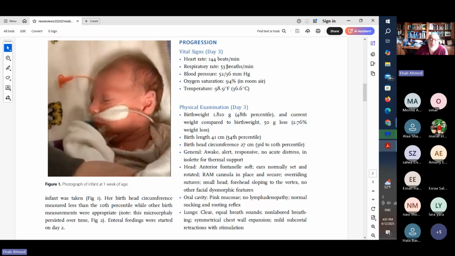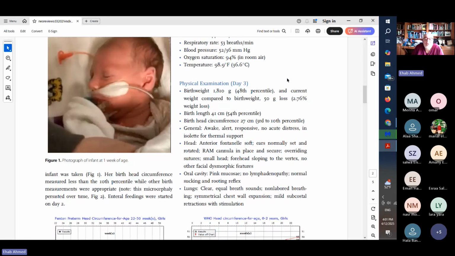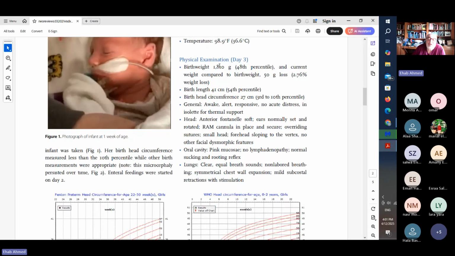Heart rate was 144, respiratory rate 53, oxygen saturation 94%. Now she is in room air and saturating 94%, normal temperature. Birth weight 1810, which is okay, 48th percentile.